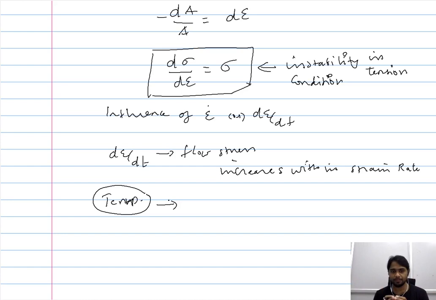And similarly, when the temperature adds to the energy of the dislocations through the thermal energy, new slip systems get activated. The dislocations are allowed to move in different slip systems, and that also enhances the plasticity.